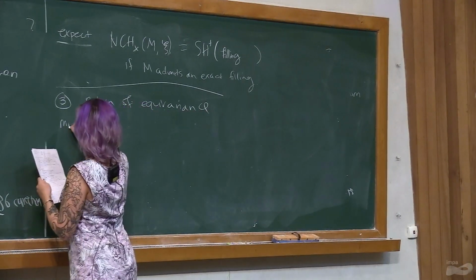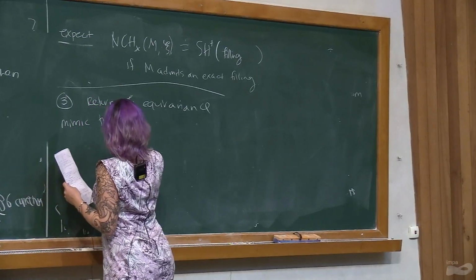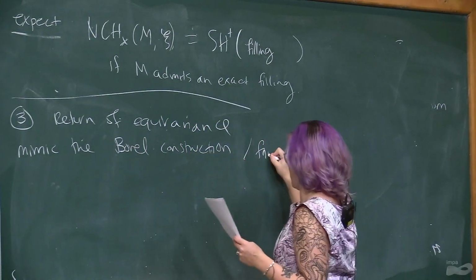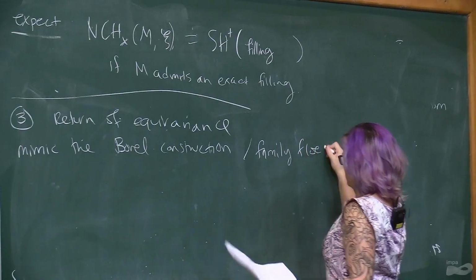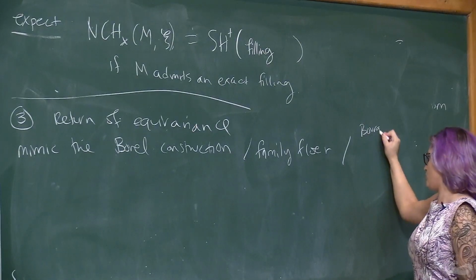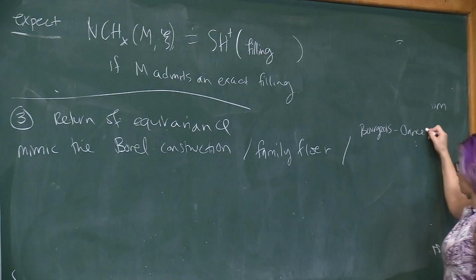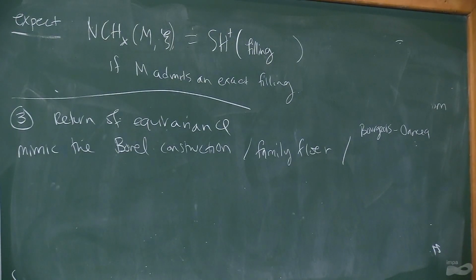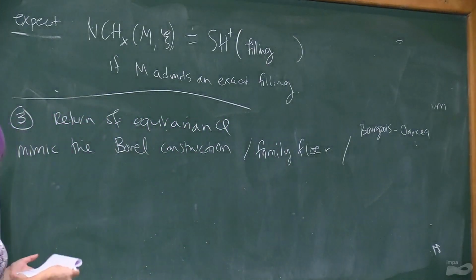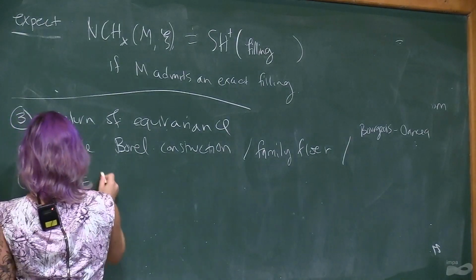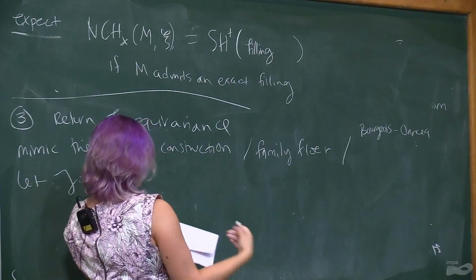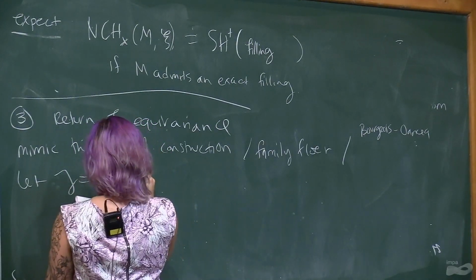So we want to mimic the Borel construction, also called family Floer, which appeared in quite a lot of detail in the work by Bourgeois and Oancea when they formally constructed S^1-equivariant symplectic homology. And so you need to enlarge your family of J to be an S^1 cross ES^1 dependent, S^1-equivariant family of J so that you can do this construction.